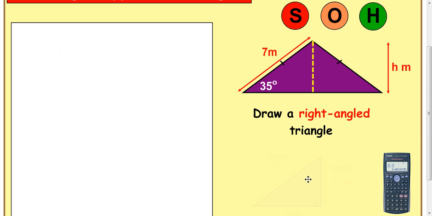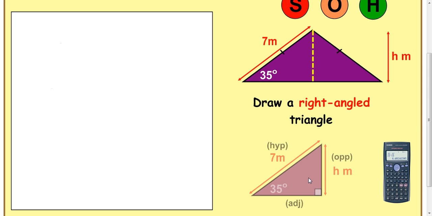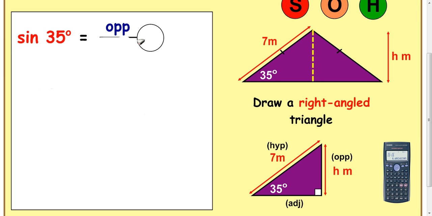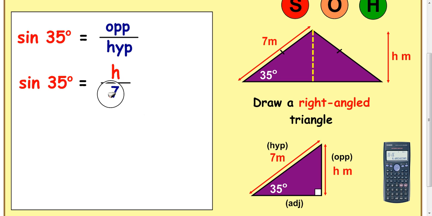So I'll draw that wee right angle triangle out and label it. So my 7, my H, my opposite, hypotenuse and adjacent. And this is the information I'm going to use in my formula. So it's the sine of 35. We don't have a letter here, so just sine 35 is equal to opposite over hypotenuse. Again, I can sub in the opposite as h, and the hypotenuse is 7, so I'll do that just now.